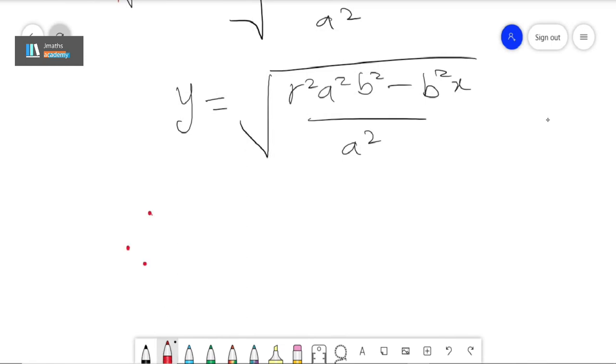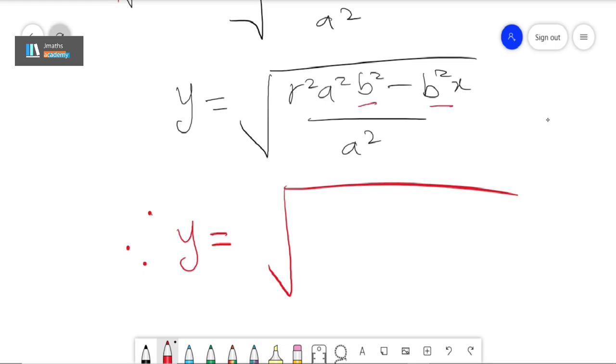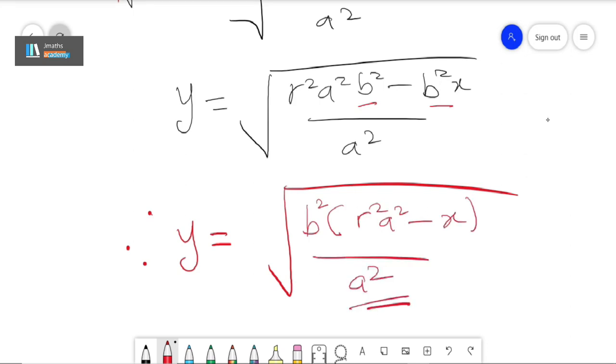So therefore, y, which is our new subject, is equal to the square root of, since we have b squared to be common here, we simply factorize. So we have b squared open bracket r squared a squared minus x close bracket over a squared, and this is our formula.